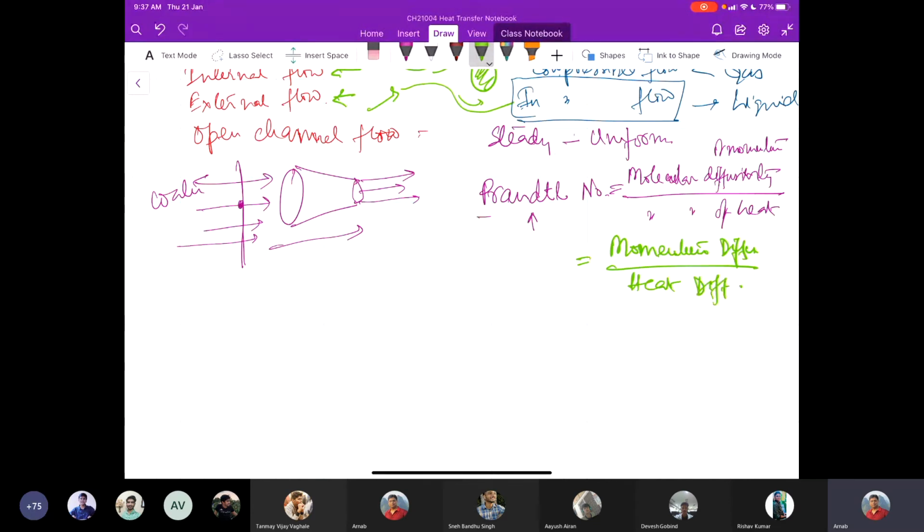What is momentum diffusivity? The molecular diffusivity of momentum is the kinematic viscosity, which is mu by rho.